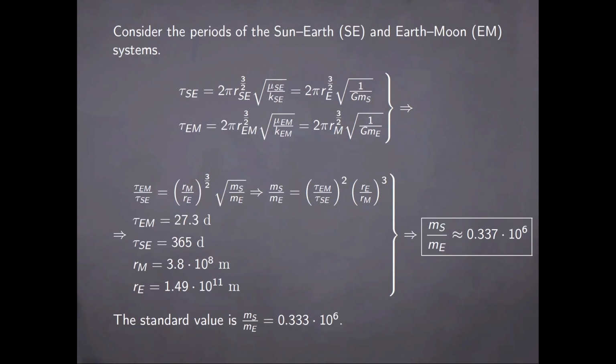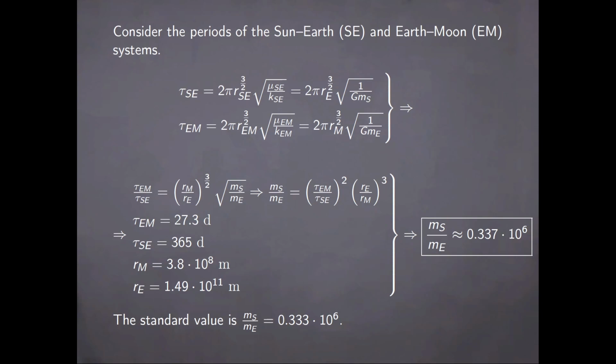As another example of an application of Kepler's third law, consider the periods of the Sun, Earth, and Earth-Moon systems. If we write Kepler's second law for both instances, and if we then take the ratio of these two expressions, we find first the ratio of the two periods as given by the quantity here involving the ratio of the radii of the Moon and the Earth and the ratio of the masses of the Sun and the Earth.